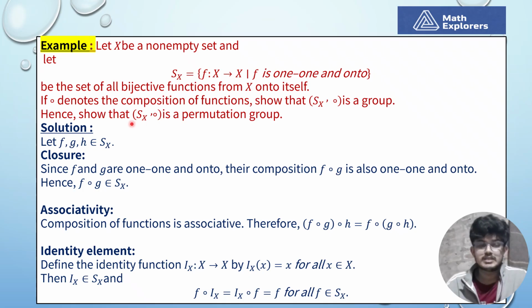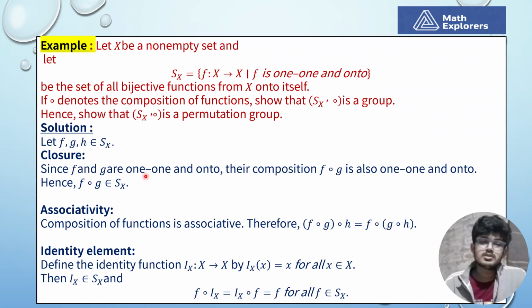Let Sx be the collection of all bijective functions from X onto itself. If circle denotes the composition of functions, show that Sx circle is a group and hence show that Sx circle is a permutation group. For showing group, we know that first we want to show that it is closed, second it is associative, third is existence of identity element, and fourth is existence of inverse.